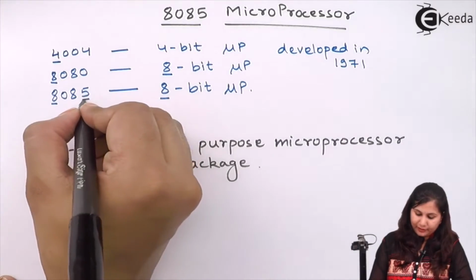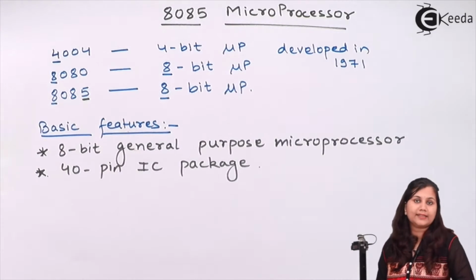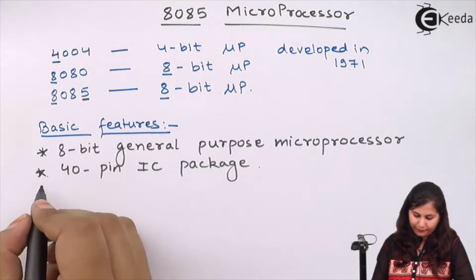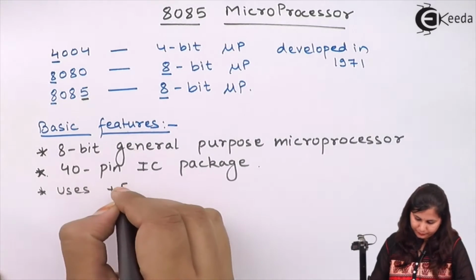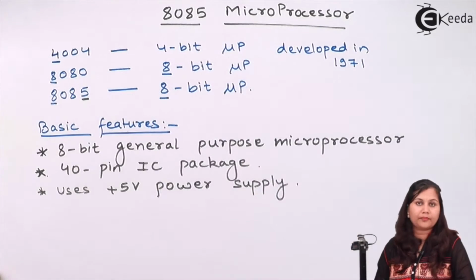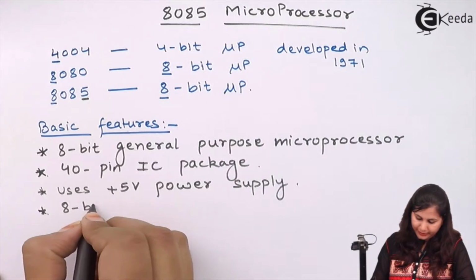The 5 in the 8085 microprocessor shows that it is using a plus 5 volt power supply. It has an 8-bit data bus.